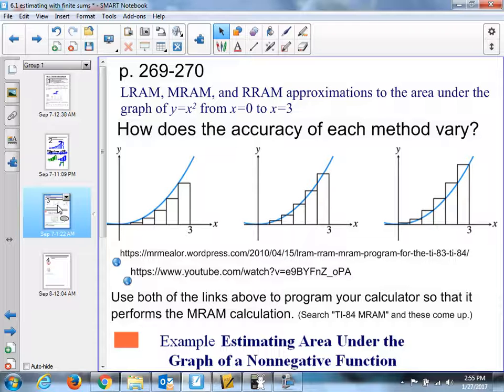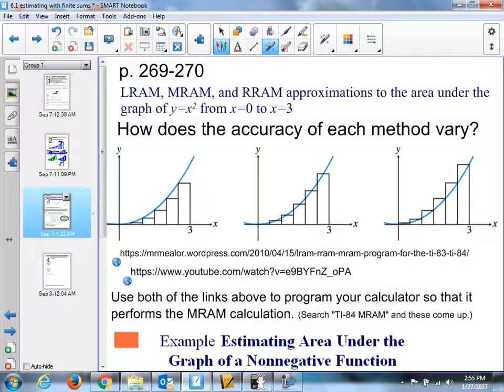Now, taking a look again, and I know time. So left, midpoint, and right approximations to the area of x squared from 0 to 3. You take a look at this picture here, and you can tell right away, again, it's an increasing function.